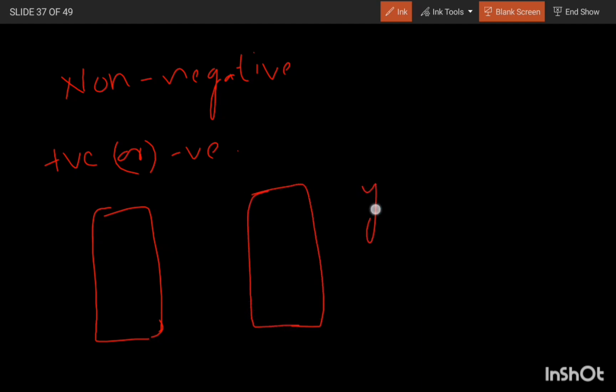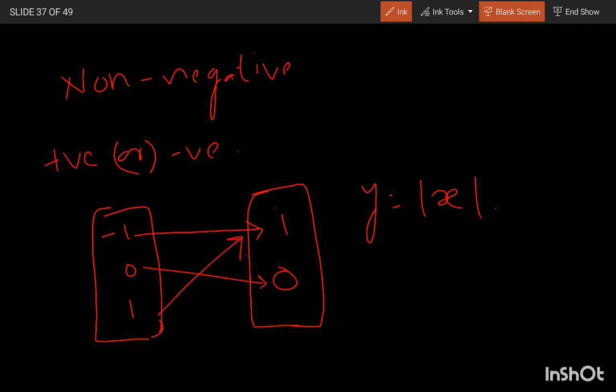So let us consider y is equal to mod x. Here we are just taking some part of the domain and codomain. Now -1 is mapped to 1 and 1 is also mapped to 1. 0 is mapped to 0.